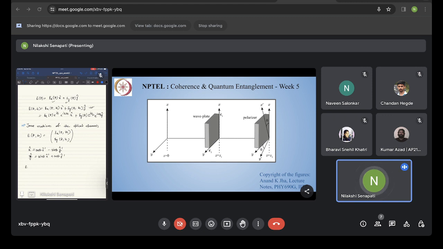Why this? Because this is nothing but the coordinate transformation, and we know how to do coordinate transformation between the xy basis and the x dash y dash basis.